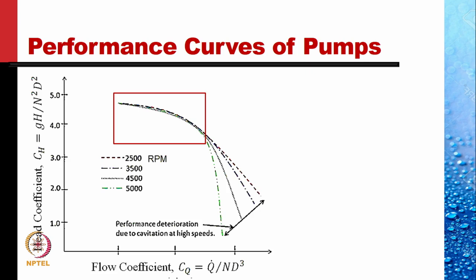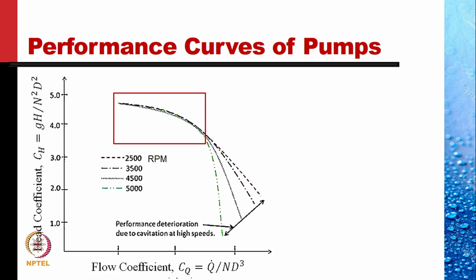What does it indicate? It indicates that our prediction for the performance of pumps is valid for the domain that we considered. The deviation is at higher flow rates, when the flow velocities would be larger, and larger flow velocity would lead to cavitation. Since we had not considered the effect of cavitation in our formulation, obviously this was to be expected.